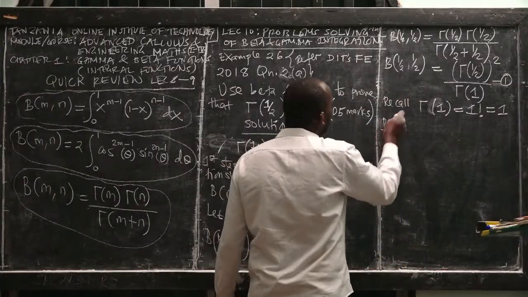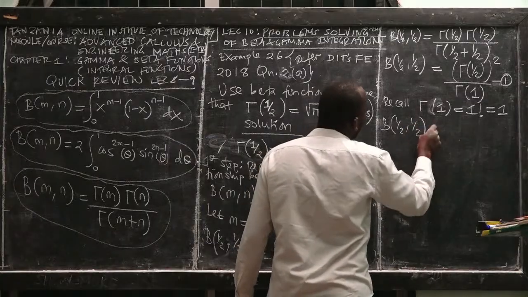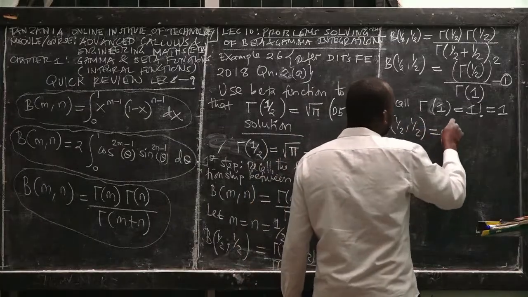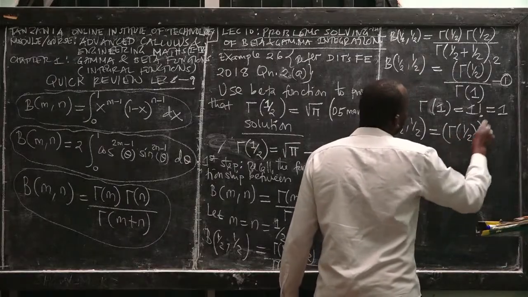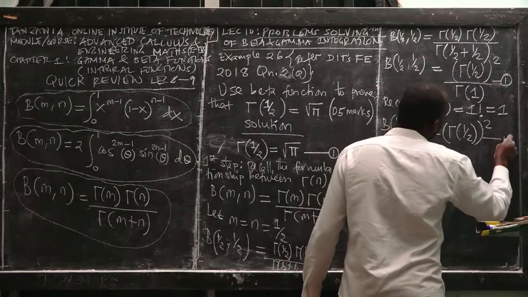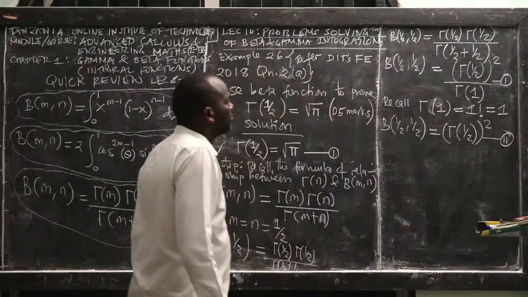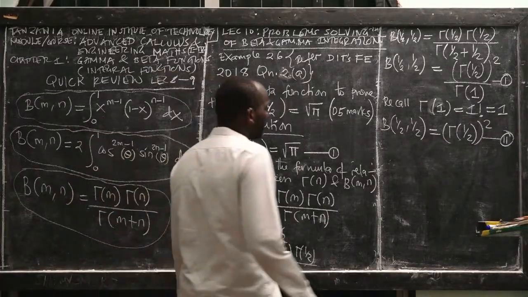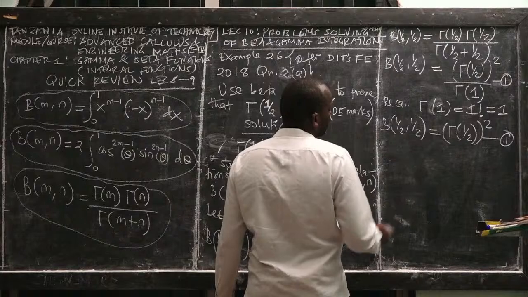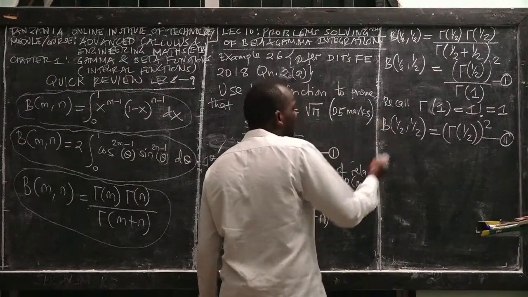So beta of a half, comma half, is equal to gamma of a half square. This is equation 2, because gamma of 1 is equal to 1. That's the first step. Second step, we still have beta on this side. We have to eliminate beta.